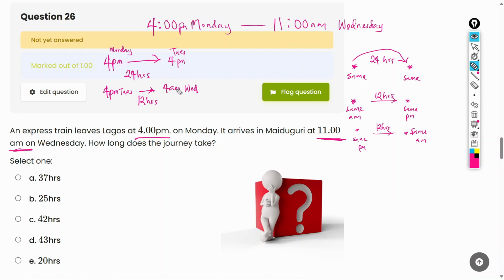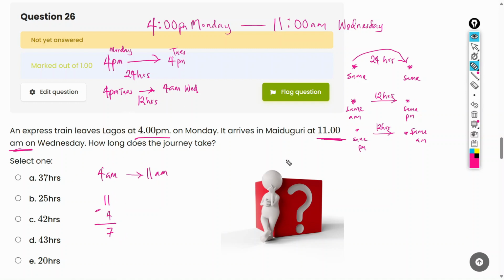So, at 4 a.m. on Wednesday, we have done 24 hours plus 12 hours. Now, let's figure out how much time it is from 4 a.m. to 11 a.m. on Wednesday. That is simply 11 minus 4. 11 minus 4 is 7.